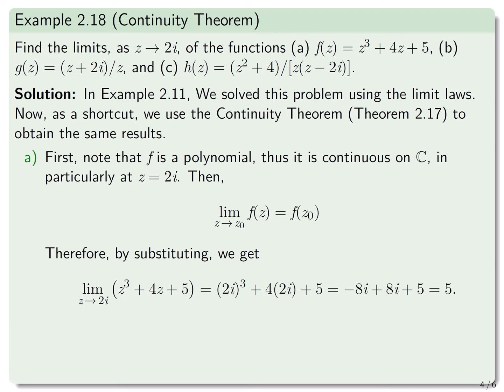You may remember that we solved this problem earlier using the limit laws. Now as a shortcut we try to use the continuity theorem, and you can compare the difference. You can get the answer much quicker now. For the first one, which is a polynomial, it is continuous everywhere on C, and in particular it is continuous at this point 2i.